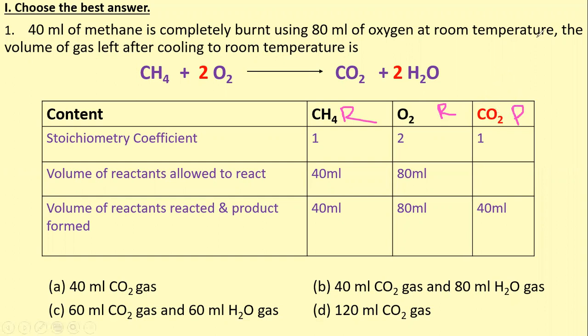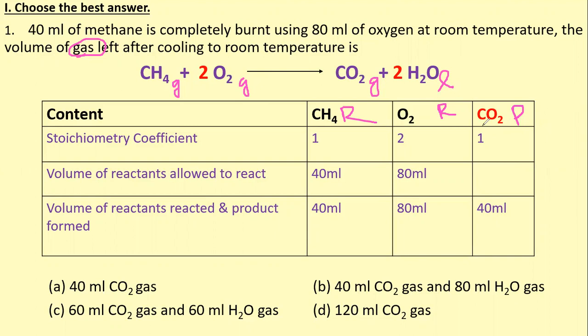Now, in the question, they didn't ask anything about the water. Here this methane is in gaseous phase, oxygen is in gaseous phase, carbon dioxide is also in gaseous phase, and water is in liquid phase. In the question, they are asking only about the gas, so I have not mentioned anything about water.